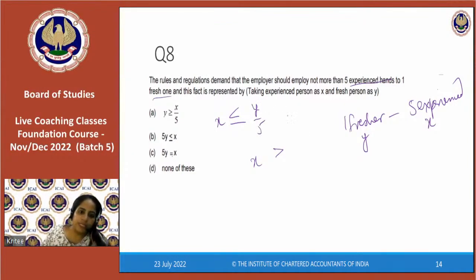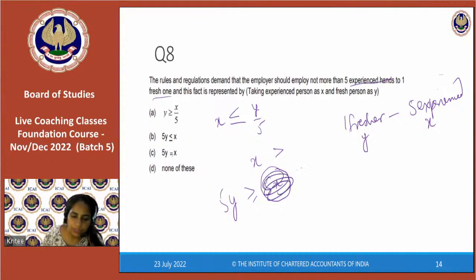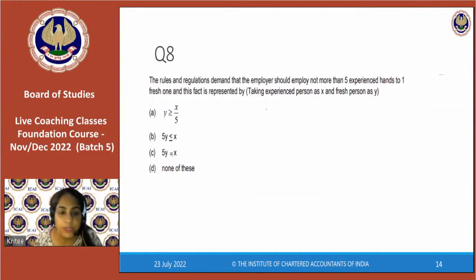So that means for one fresher, the experienced people should be not more than 5. Okay, and oh, I'm sorry. For one fresher, it has to be 5. I'll repeat this. I think this is going to a confused point.